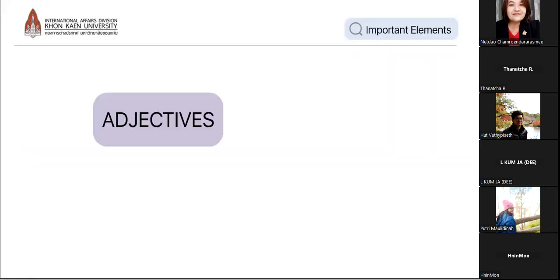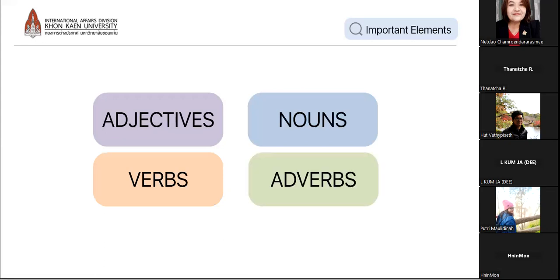And here I will share with you just the fundamental things that you should understand. What do you need to do at the first time when you learn a new language? We have grammar, consisting of adjectives, nouns, verbs, and adverbs. Every language has a different pattern and difficulty.